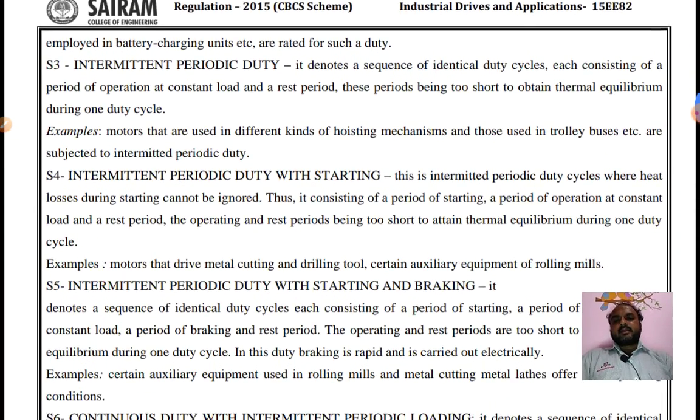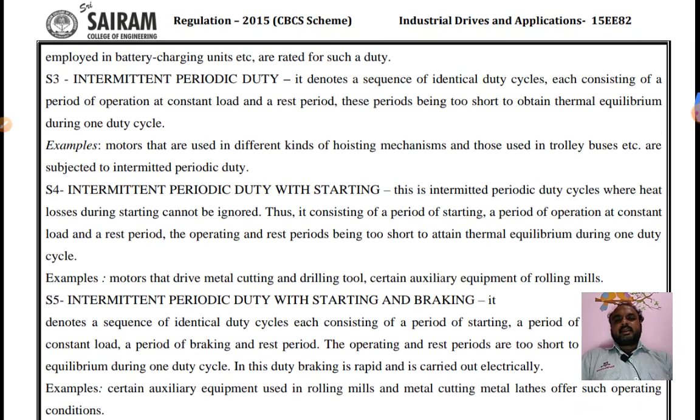Next, the third one is intermittent periodic duty. It denotes a sequence of identical duty cycles, each consisting of a period of operation at constant load and a rest period. These periods are too short to obtain thermal equilibrium during one duty cycle.